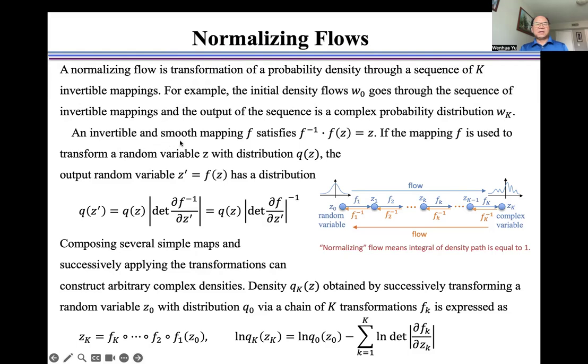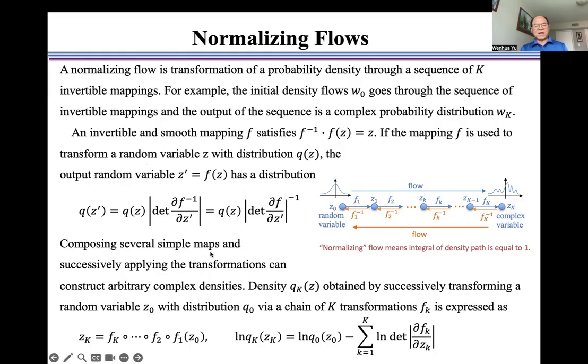An invertible and smooth mapping f satisfies this equation. If the mapping f is used to transform a random variable z with a distribution q(z), the output random variable z prime has a distribution as shown here.